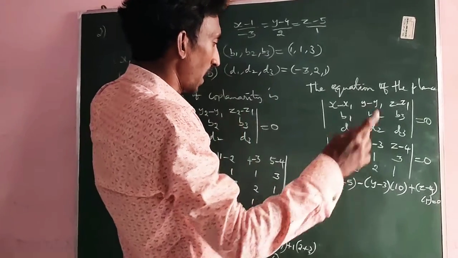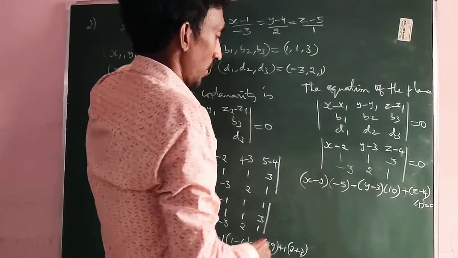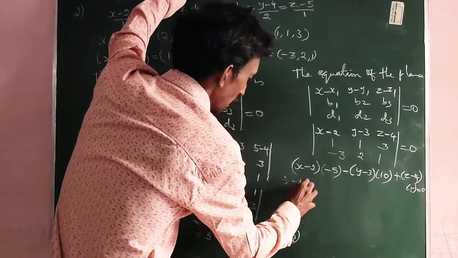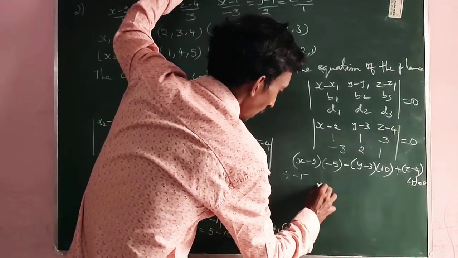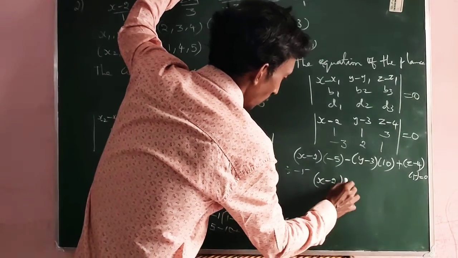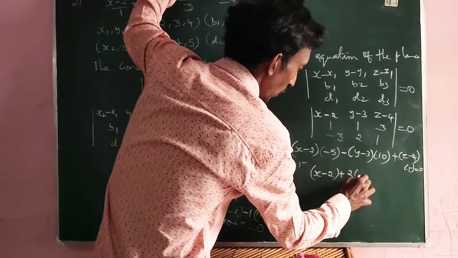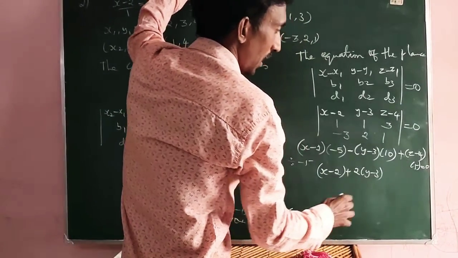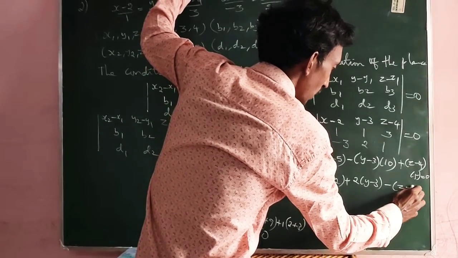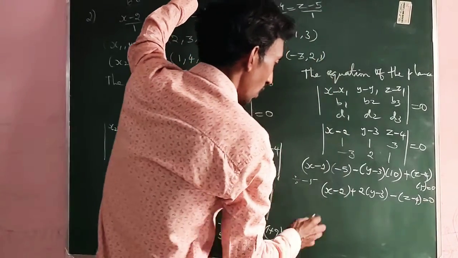Okay, so divided by minus 5, we are getting x minus 2 plus 2 into y minus 3 minus of z minus 4 equal to 0.